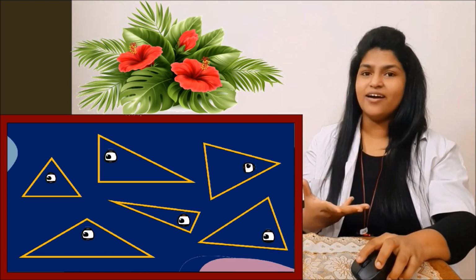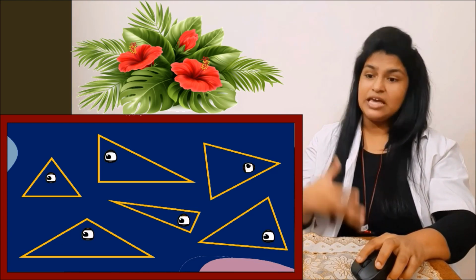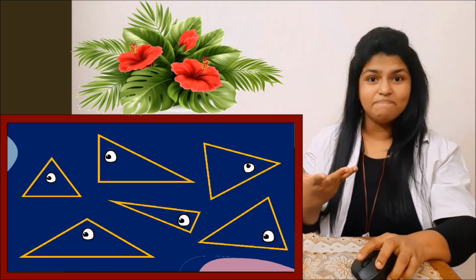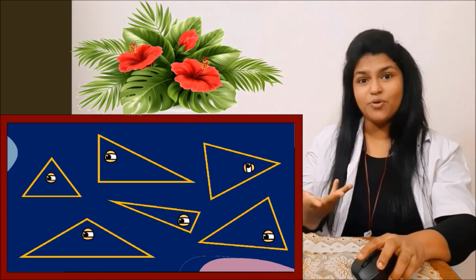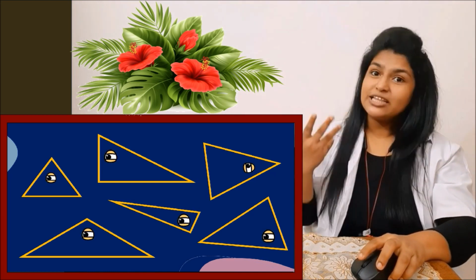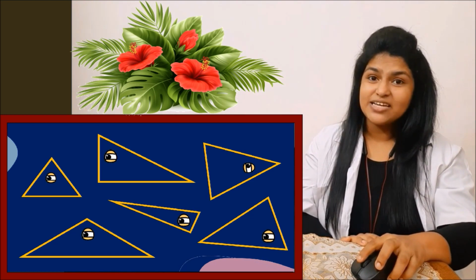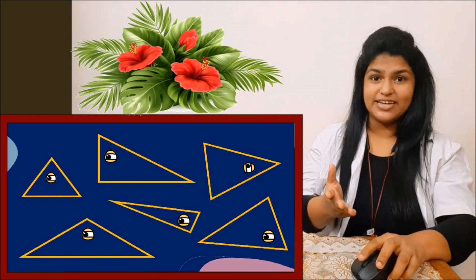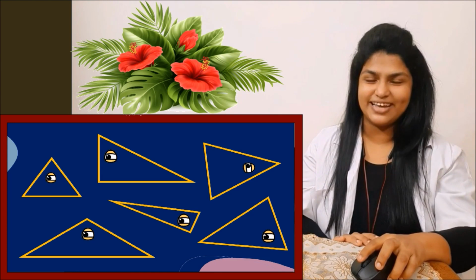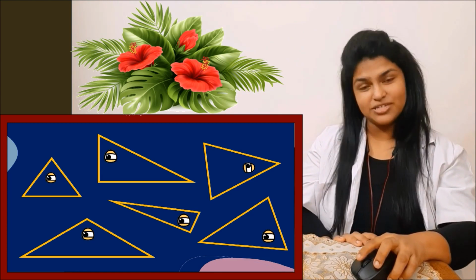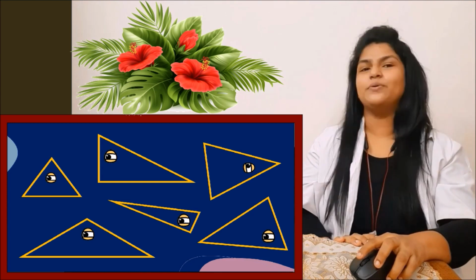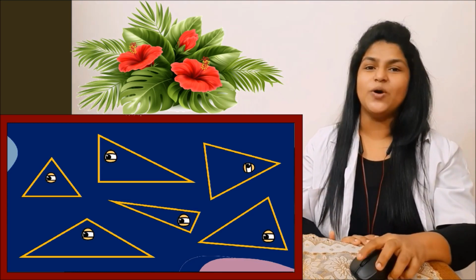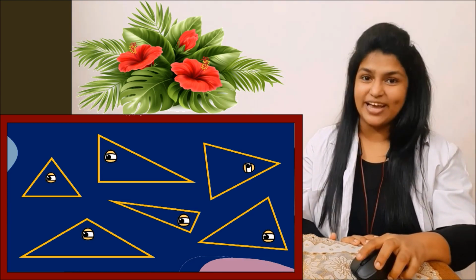All their families are different. Are all their sides the same? No, some are the same, some are not. What about the angles? Some create a right angle, but not all of them. Some create acute angles, some create obtuse angles. And so, these were the properties of your triangle.